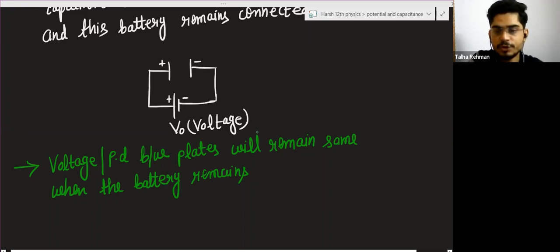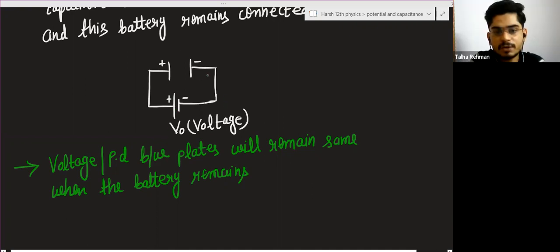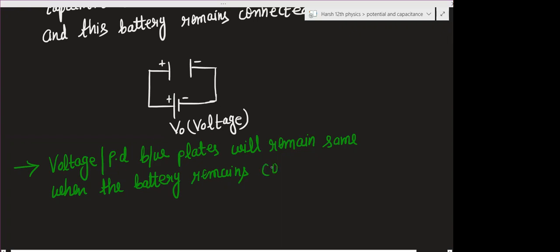So here this is the power source, and this power source is connected. So we can say the voltage will remain same across the plates when the battery remains connected.